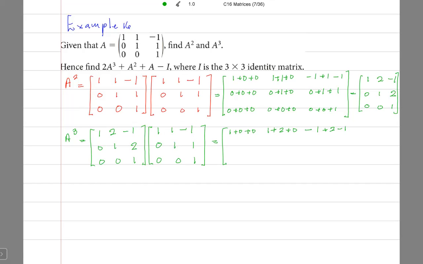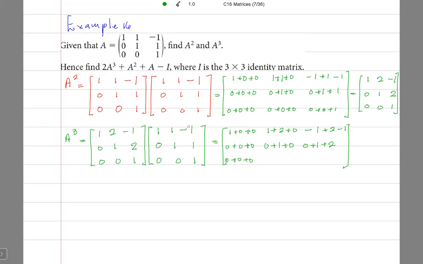All right, middle row, left column, 0 plus 0 plus 0. Middle row, middle column, 0 plus 1 plus 0. Middle row, right column, 0 plus 1 plus 2. Bottom row, left column, 0 plus 0 plus 0.